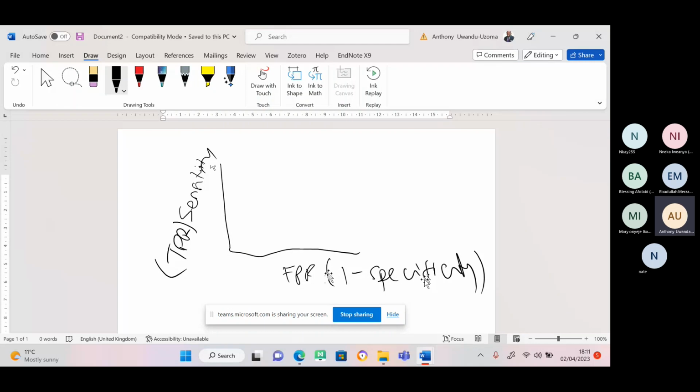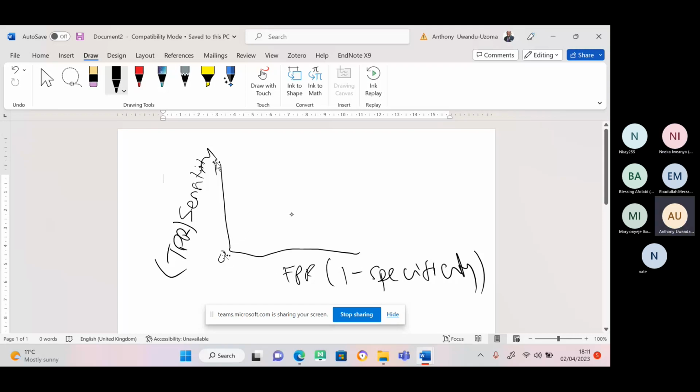How to interpret it is simple. As you are going higher up, you will see that the sensitivity is increasing. When you go up vertically, the sensitivity increases upwards, right? So its range is from 0 to 1 in decimal values.